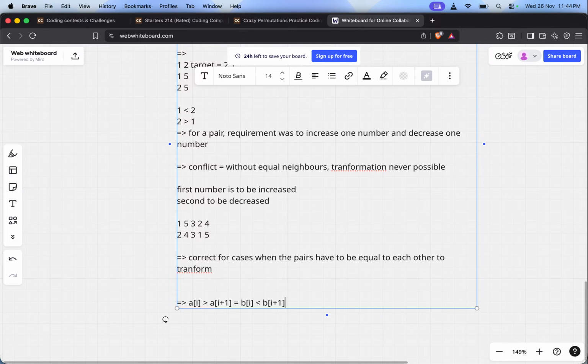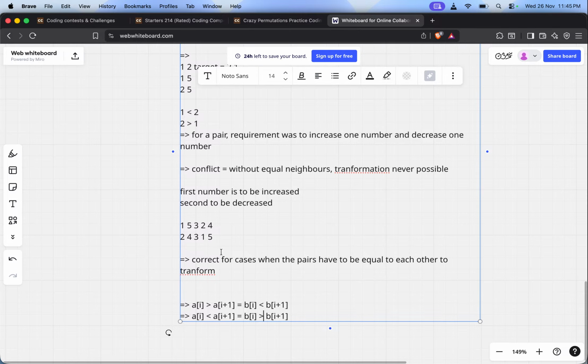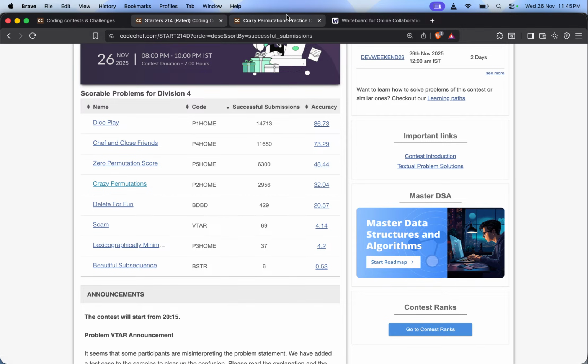Or the reverse is the condition: A_i was initially smaller and B_i requires it to be greater. So for this particular condition, transformation is not possible, because while increasing, we end up in a situation where both of these neighbors have to be equal at some point.